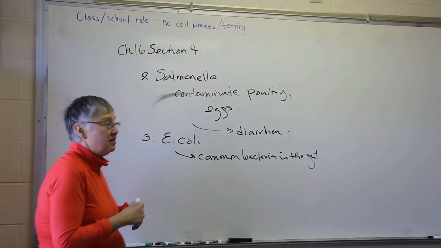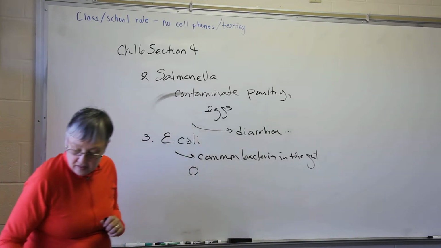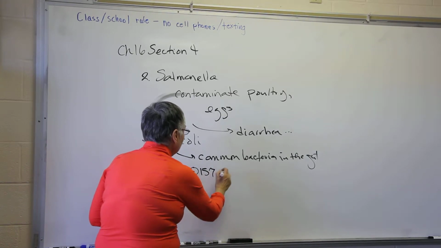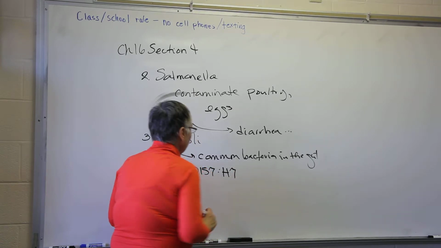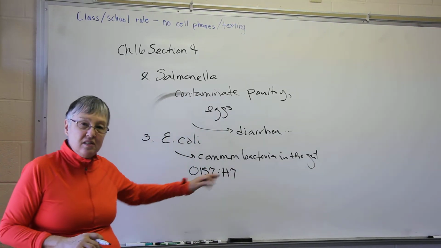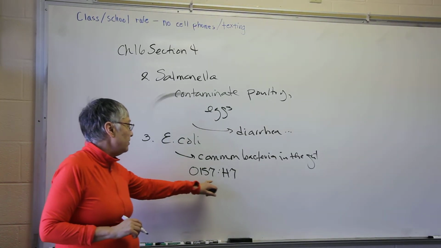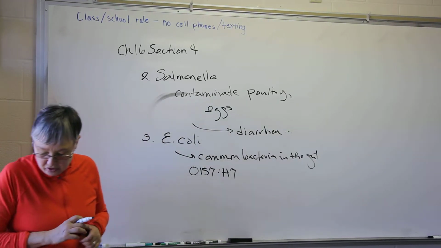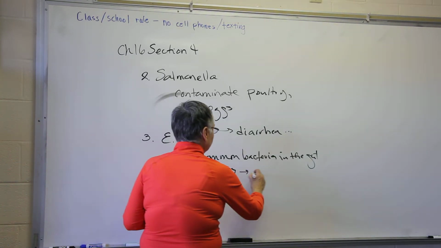So most strains are not pathogenic, but there is at least one that has been reported in the press going back several years, contamination in ground beef and so on. The strain is referred to as O157H7. That's a designation for a particular strain of E. coli that causes disease.